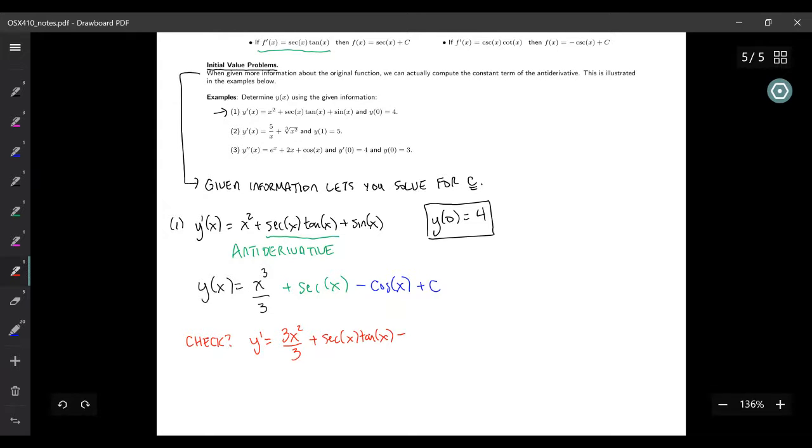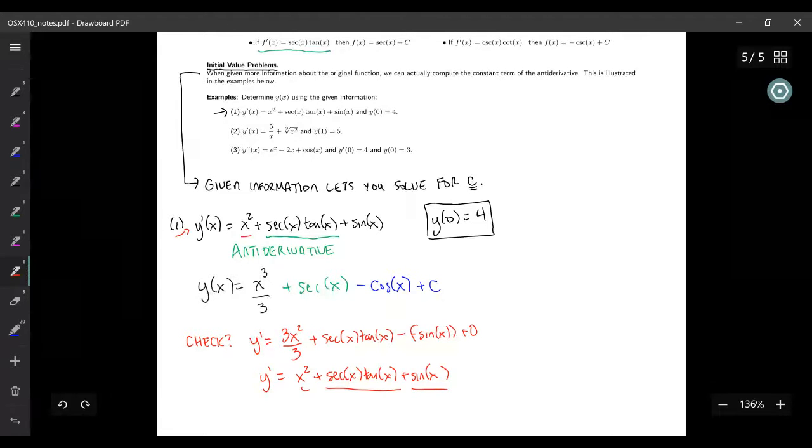The derivative of negative cosine is a negative sine x. The derivative of a constant is 0. This is x squared plus secant of x tangent of x plus sine x, which does match the original function, right? So we know that this is the correct antiderivative.